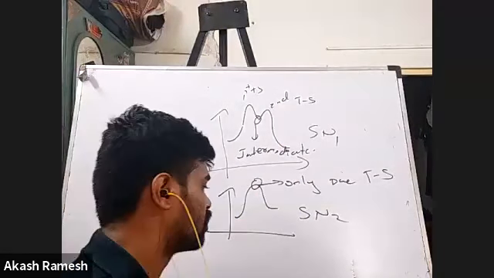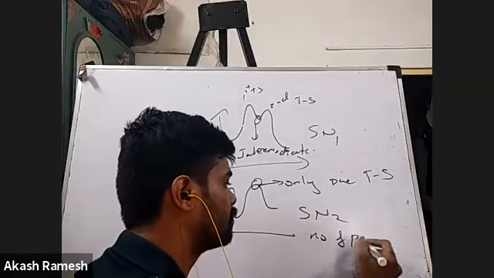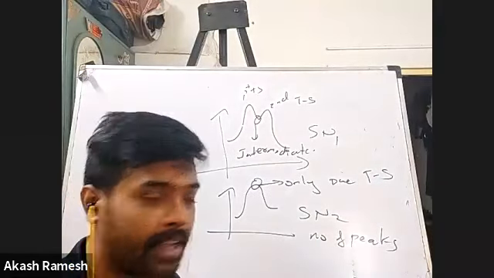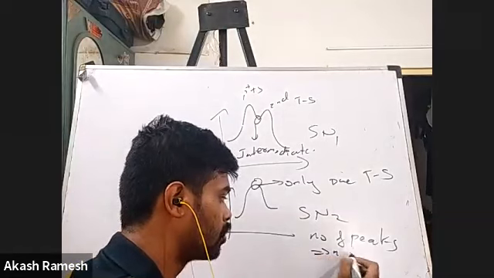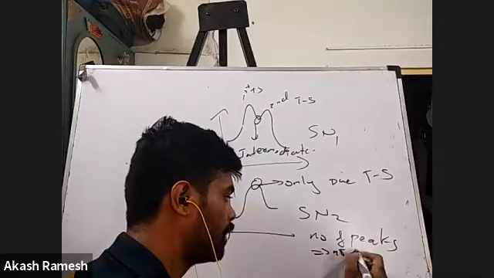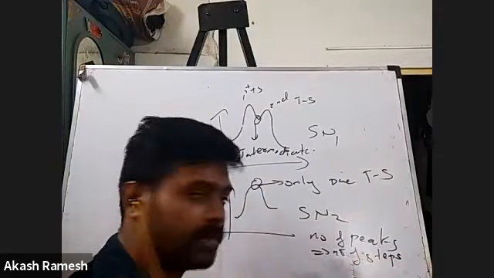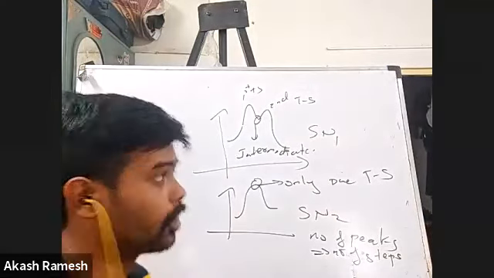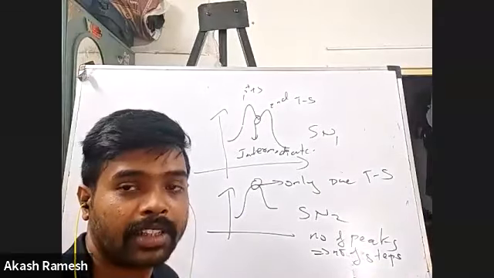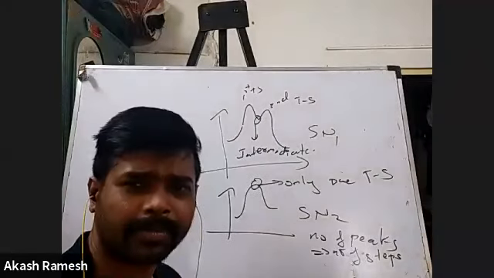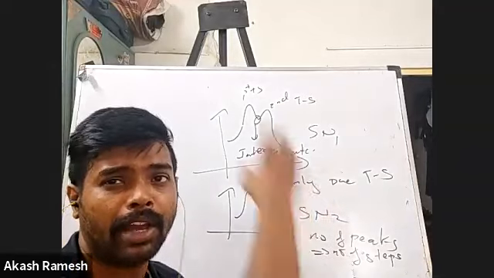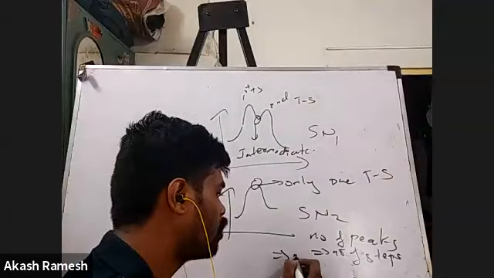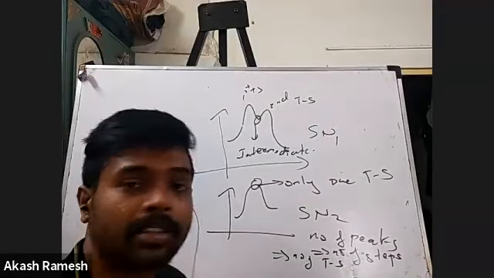And obviously the number of peaks you see in a complex reaction is going to be equal to the number of steps that reaction takes. In SN1, I know it's a two-step reaction, so you see two peaks. If you have a three-step reaction, then you will have three peaks, right? The number of peaks also tells about the number of transition states.